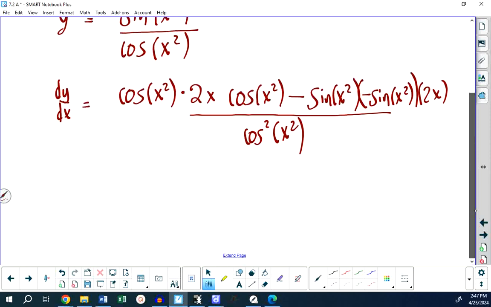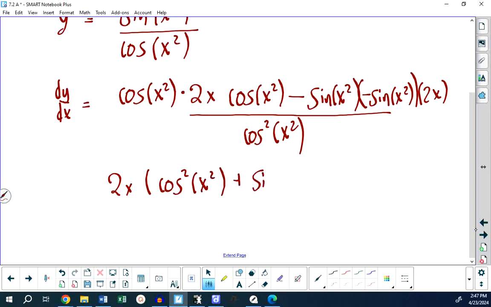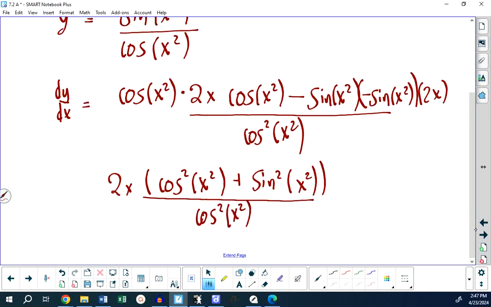So we can definitely do some factoring here. We can take out a 2x and have left cos squared of x squared plus sine squared of x squared. But cos squared of any angle plus sine squared of the same angle is always 1.